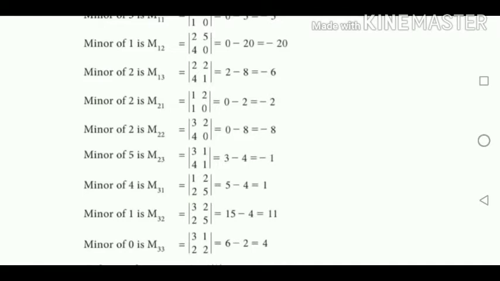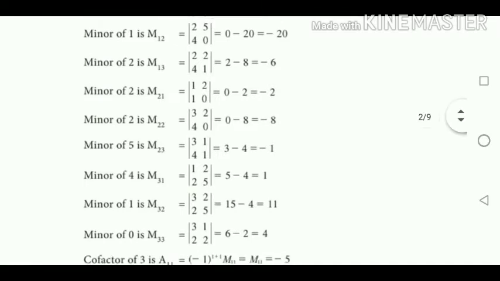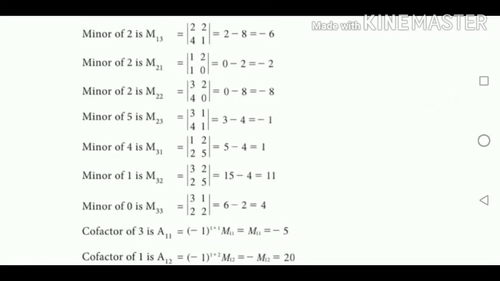M32 means third row, second column. So you have to delete these rows and columns. After that, you get the remaining 4 elements. Write those 4 elements as a minor, then cross multiply and subtract. You get the values like this. Okay, this is the way we are finding the minor of a 3 by 3 matrix.